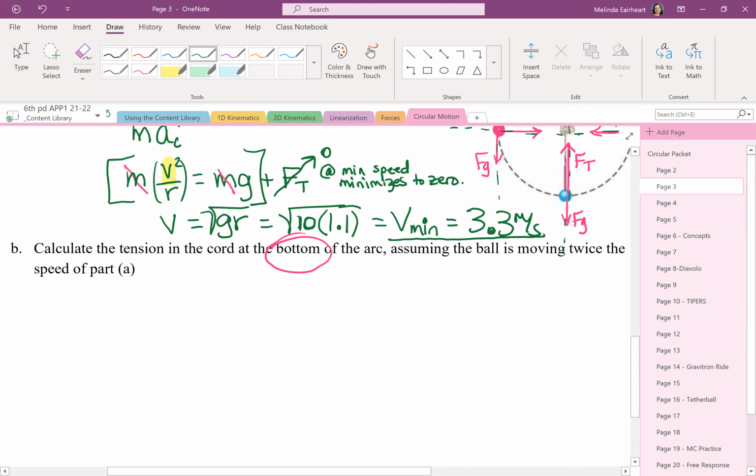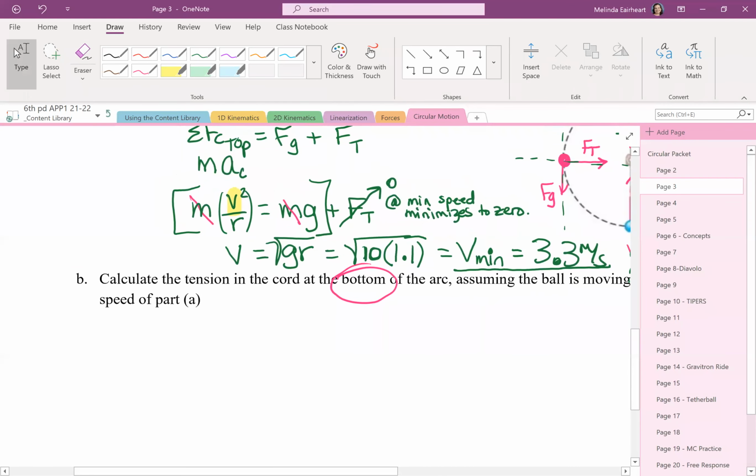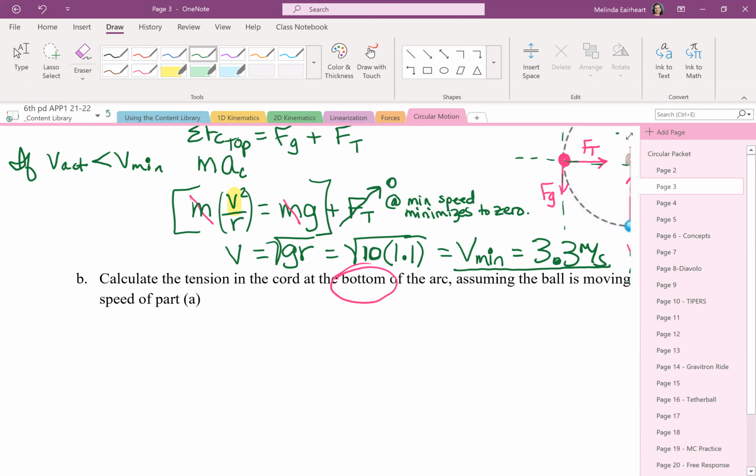Now, before we leave this question, let's do some comparison. What if my actual speed is less than the minimum? Think back to the conditions of the loop-de-loop video that we saw. What if your actual speed is less than the minimum?